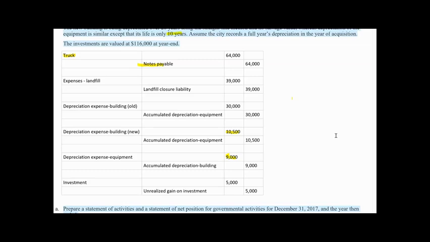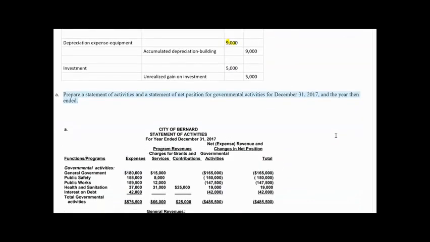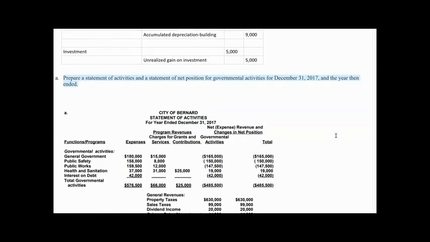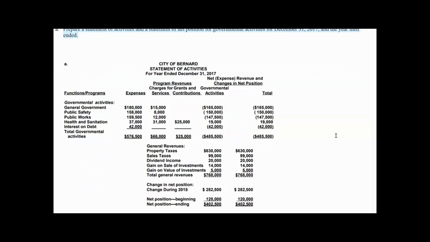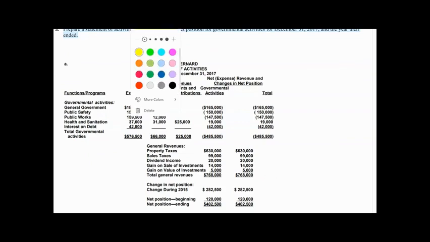Next, I'm going to skip the T account and the trial balance and go directly to give you the solutions for the statements: the statement of activities and the statement of net position for governmental activities. First, let's have a look at the statement of activities. Because they only have governmental activities, we may make this statement a little easier to read.